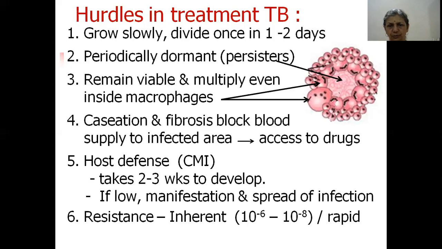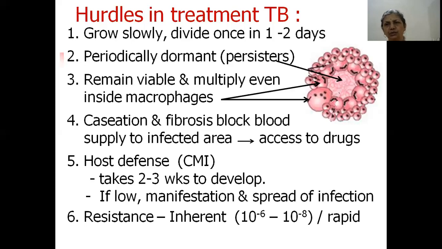Another important thing to remember is that some of these bacteria may be inherently resistant to one or more drugs used in tuberculosis. This is expressed as 1 in 10 raised to 6: 1 in 10 lakh pathogens may be resistant to, say, the drug INH, which is one of the key drugs. That means 1 in 10 lakh microbes could be inherently resistant to INH, which means that there is already resistance.